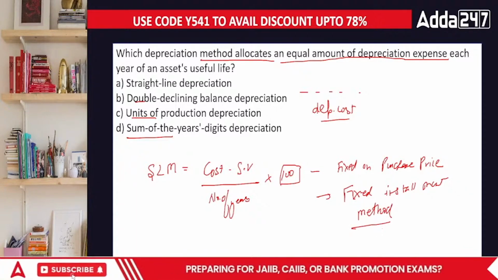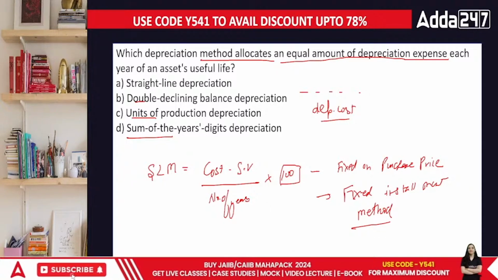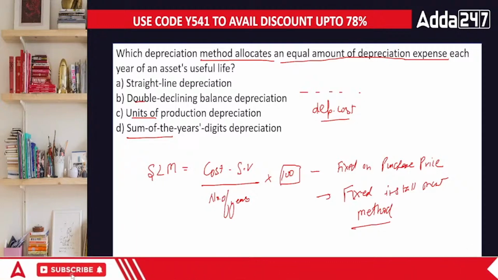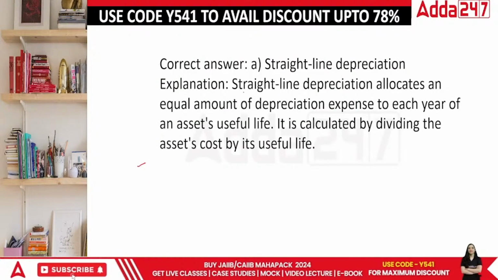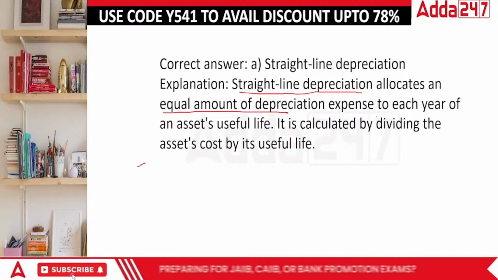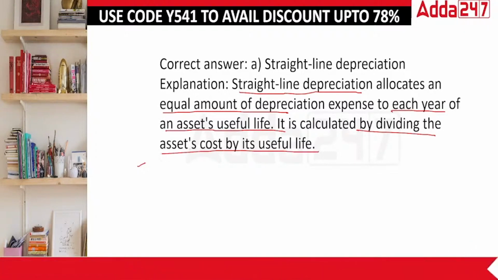So this method is covered here. Done, everyone? All sorted? Okay. The straight line method is the answer. Straight line depreciation allocates an equal amount of depreciation expense to each year of an asset's useful life. It is calculated by dividing the asset's cost by its useful life.